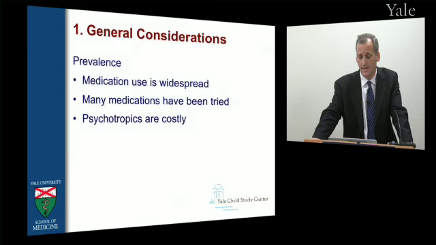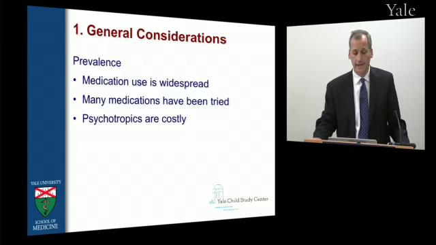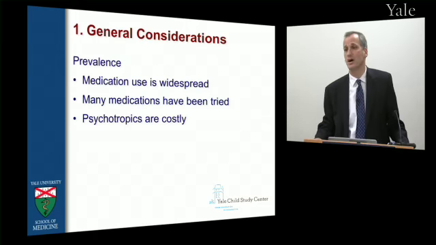Many different medications have been tried. The history here is somewhat checkered. Some things have been very helpful. Many things have not helped at all. And we know that psychotropic medications are costly. They cost a lot of money, and they can be a not insignificant part of the care for autism.